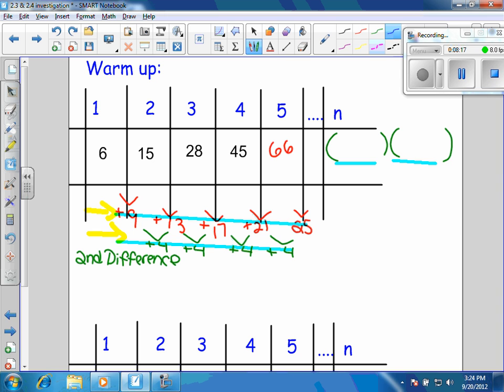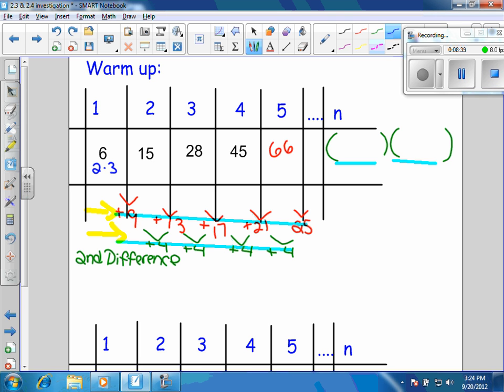Like, what's a way, 2 factors that multiply to give me 6? Just give me an example. Alyssa. 2 numbers that multiply to give you 6. 2 times 3.